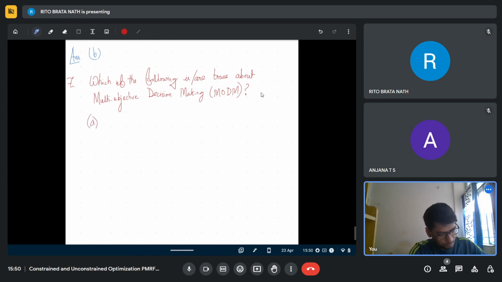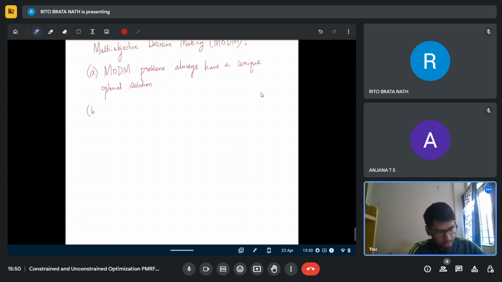So the options are: MODM problems always have a unique optimal solution. Well, this is not actually true when you have conflicting objectives. So this won't be the correct answer.